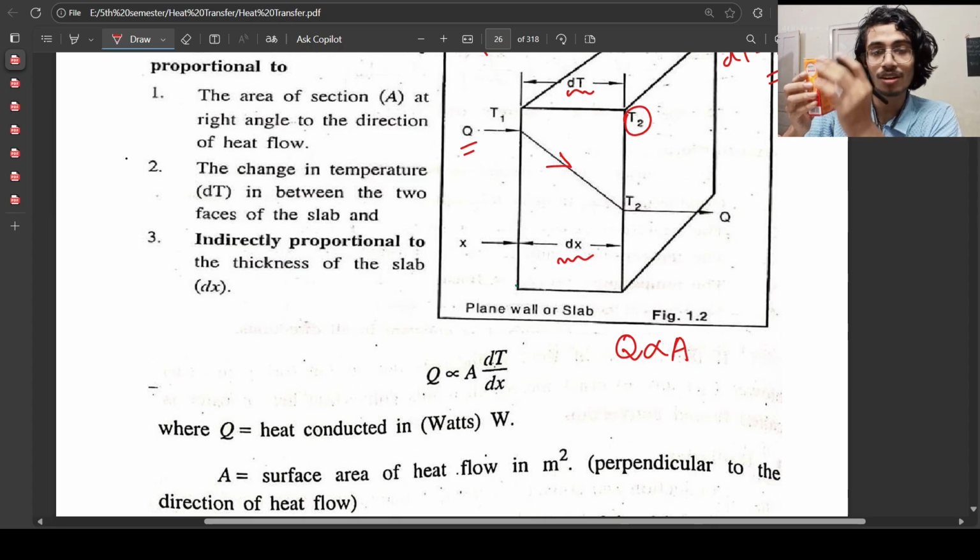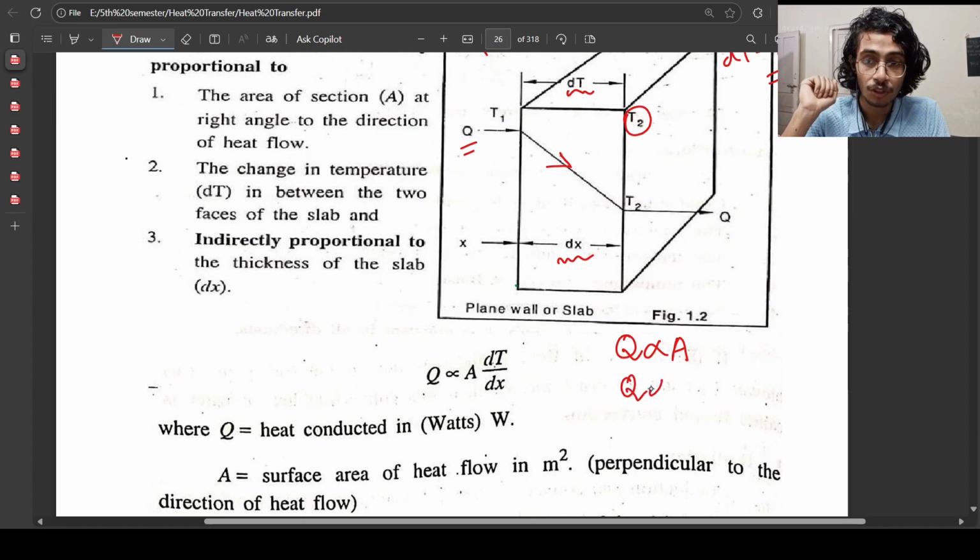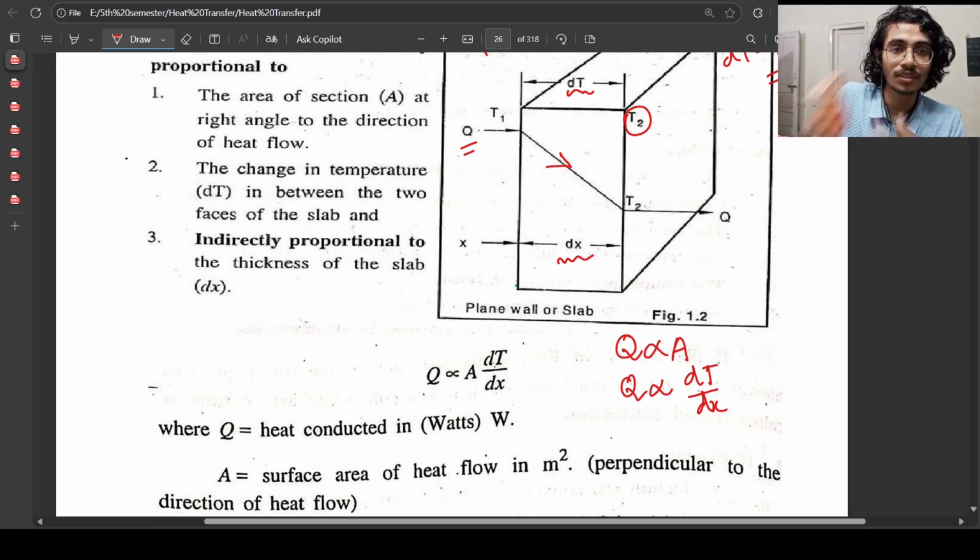And also this Q is proportional to dT/dx. dT is the temperature difference, dx is the thickness of this slab. So that dT/dx is the temperature gradient.